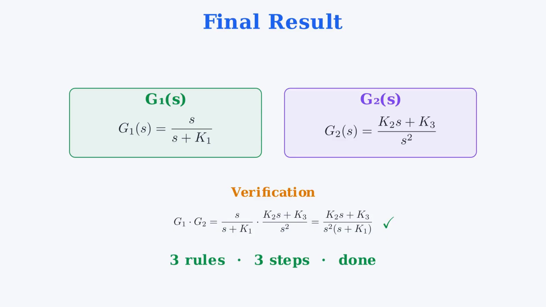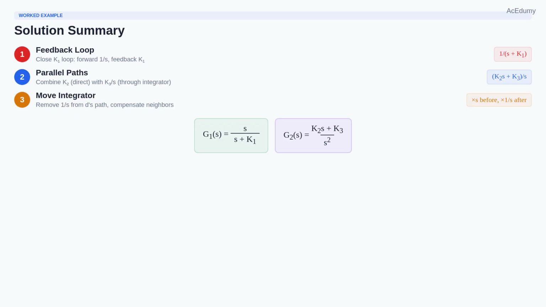This should match the original path from U to Y through all the blocks, and it does. For the disturbance D, it enters the junction directly, then goes through G2. So the disturbance transfer function is G2 equals K2S plus K3 over S squared. Both check out. Let us recap.